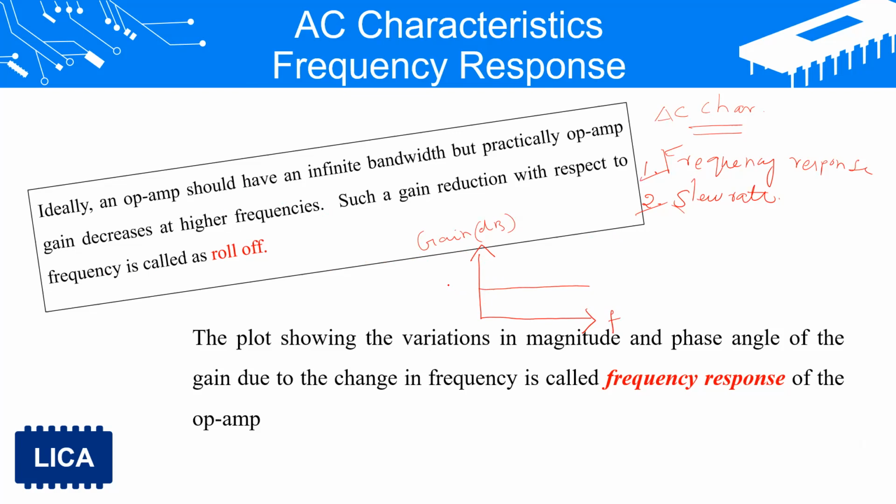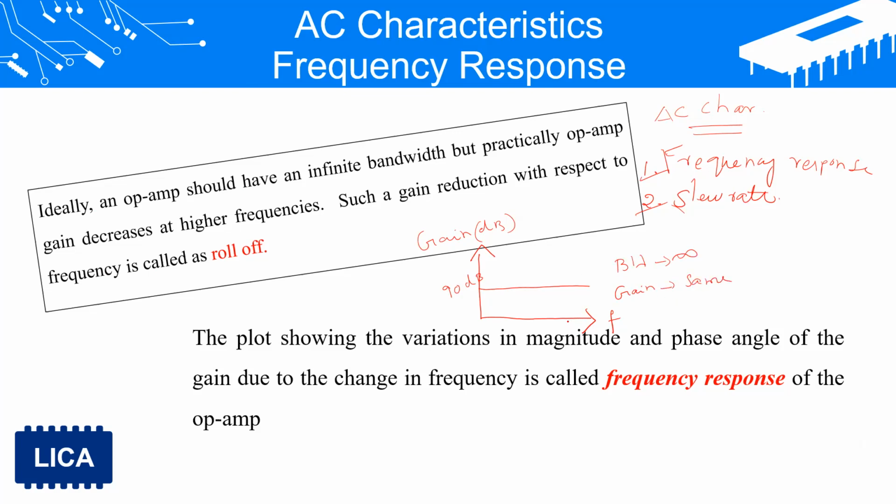Let's assume this is 90 dB. For the ideal case, the frequency response will be steady. The bandwidth for an ideal op-amp is infinite, and it maintains the same gain in dB.